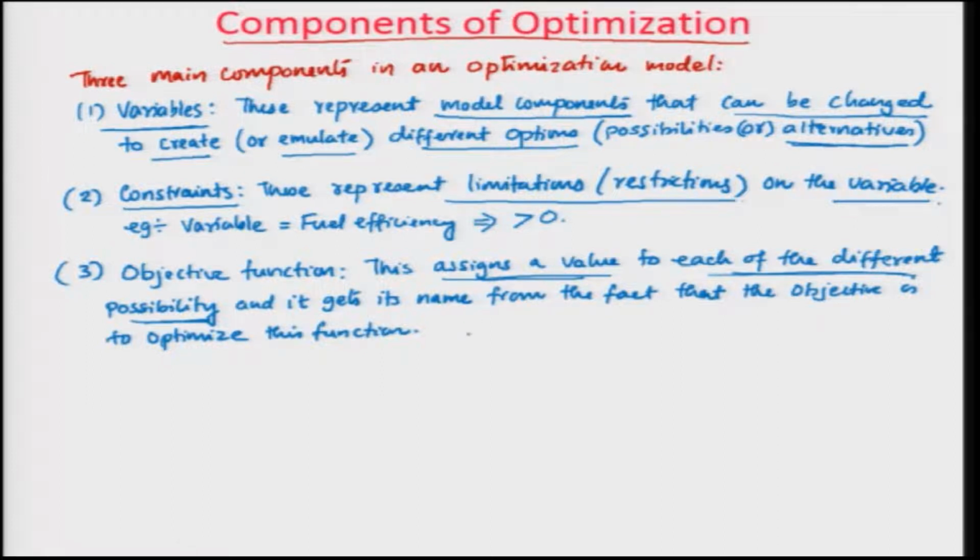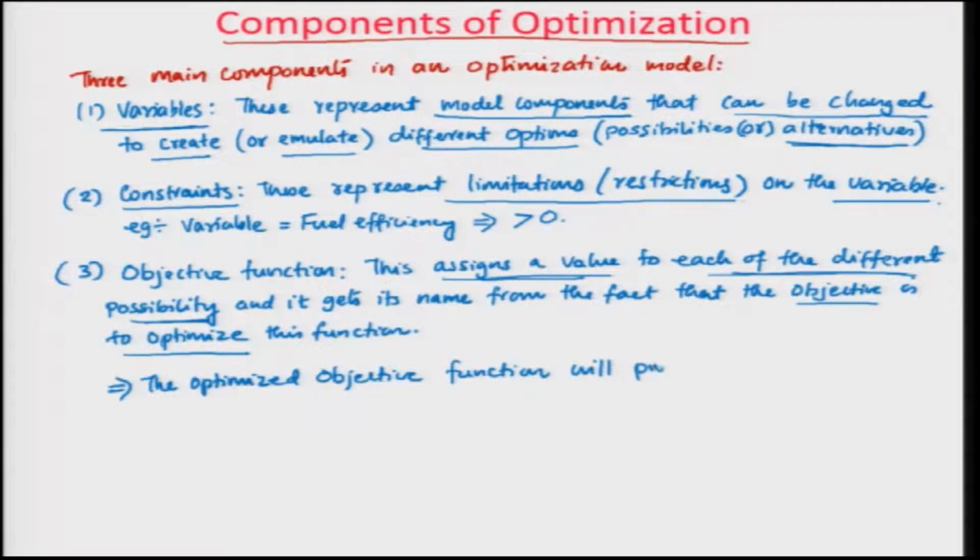It's called the objective function because the idea is to optimize this function, so that the optimized objective function will provide the optimal values of the variables.